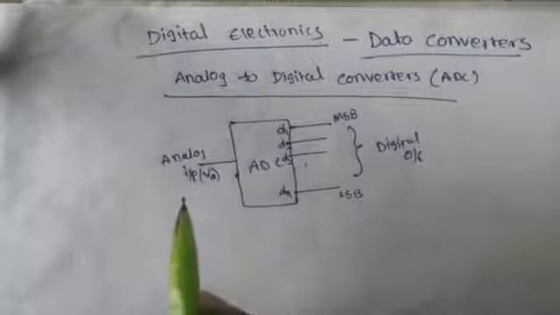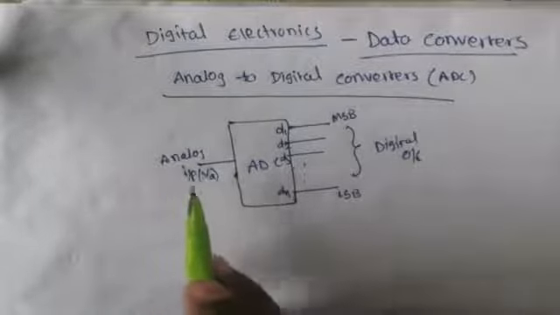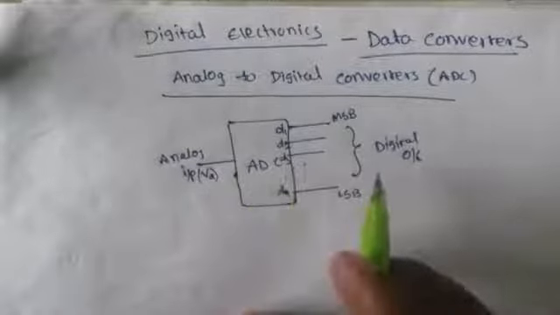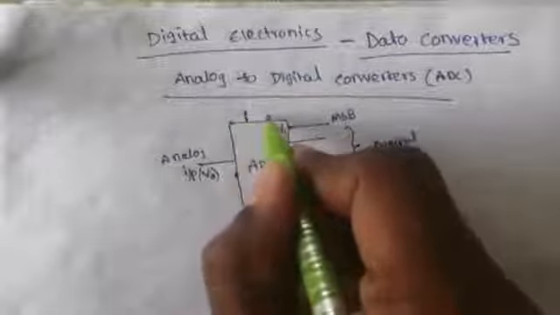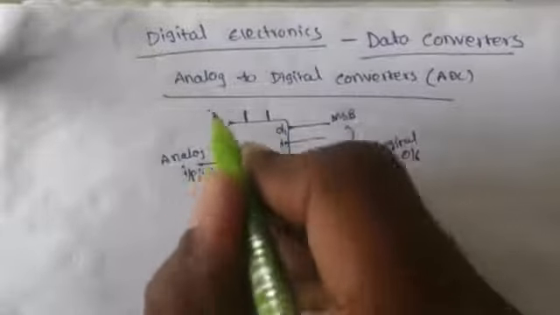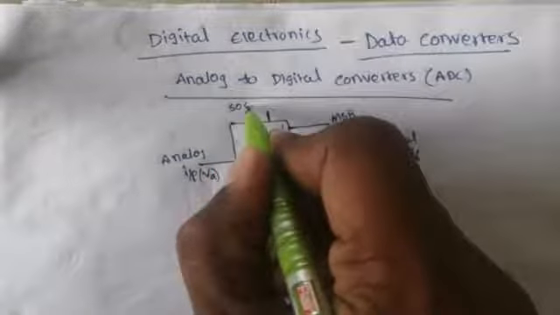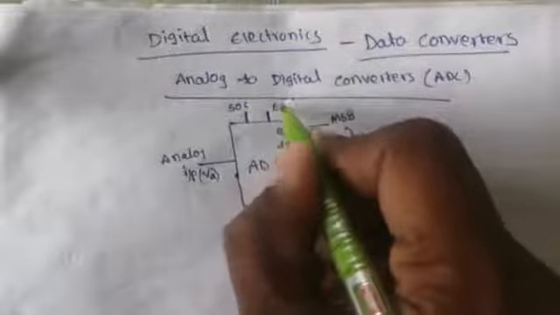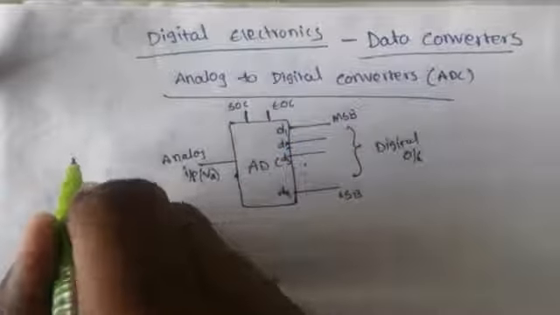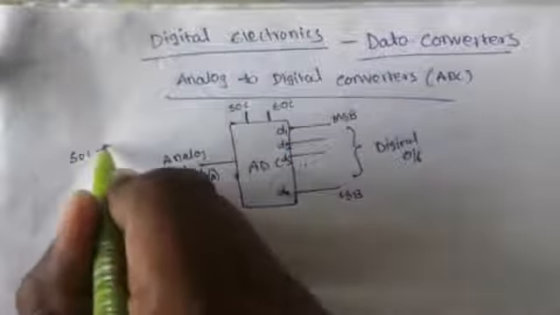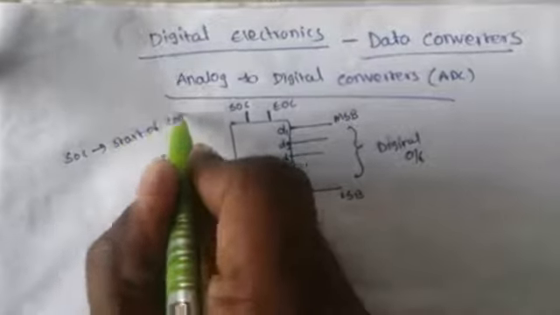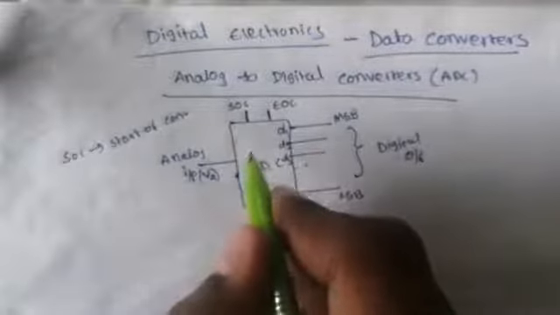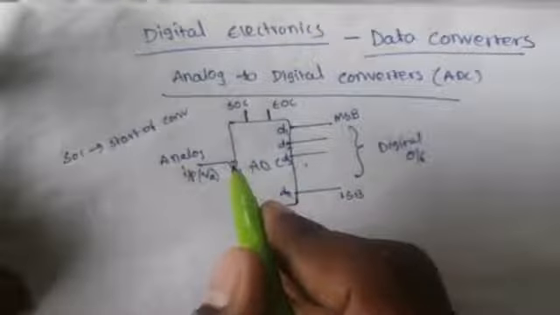In this block diagram, the analog input voltage will be converted into the digital form, and this circuit will have two buttons. One is SOC, another one is EOC. SOC means start of conversion, the button will be pressed when the conversion starts.